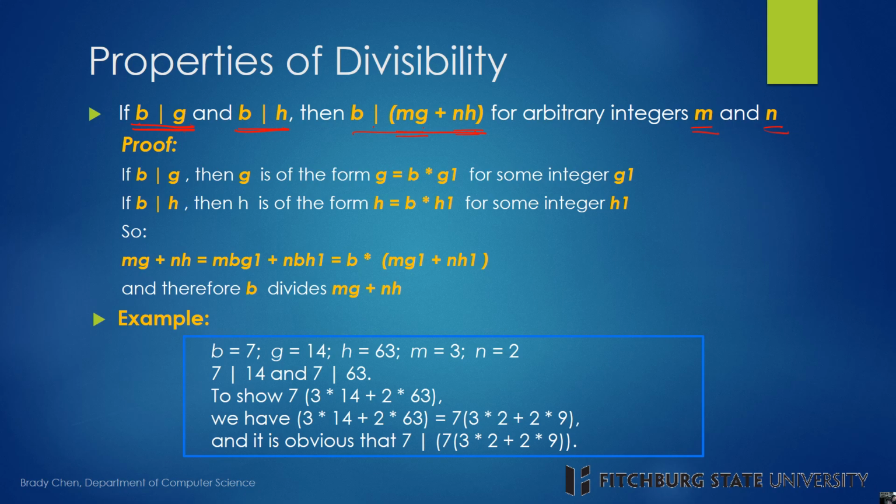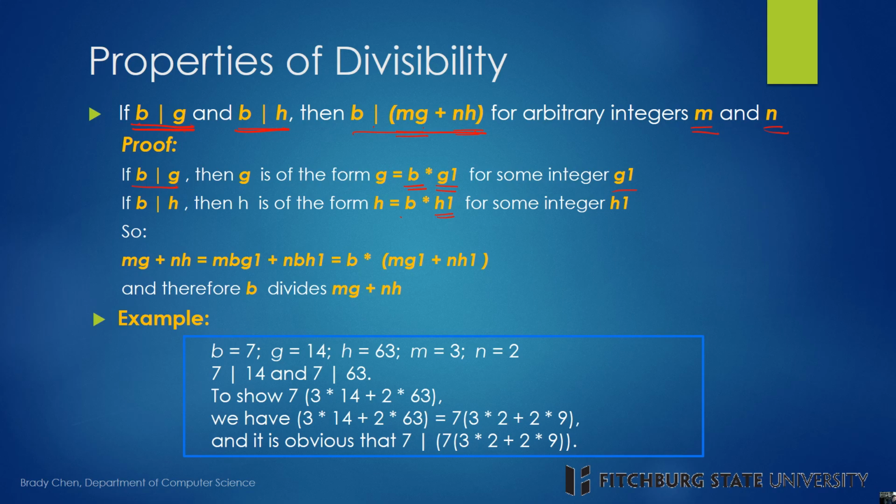Again, we use the definition of divisibility. Now, if B divides G, then G can be written as B times some integer G1, right? And I use the integer G1. Now, B divides H, then H can be written as B times some integer H1.